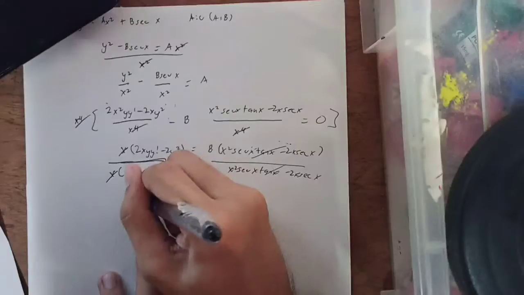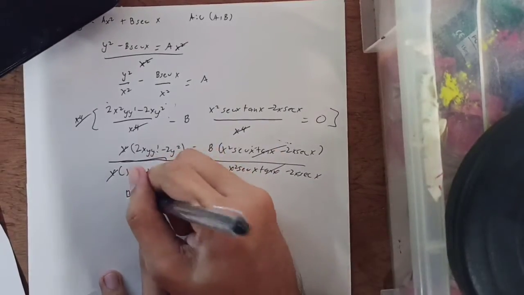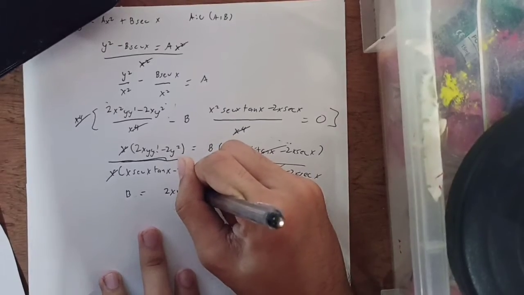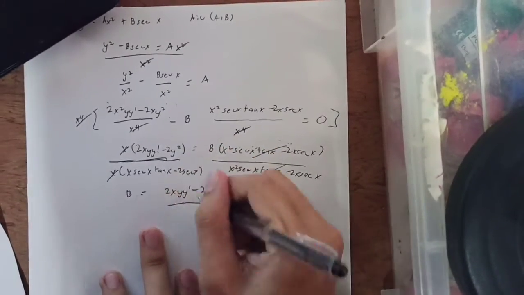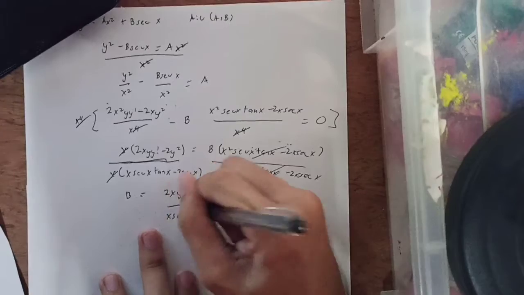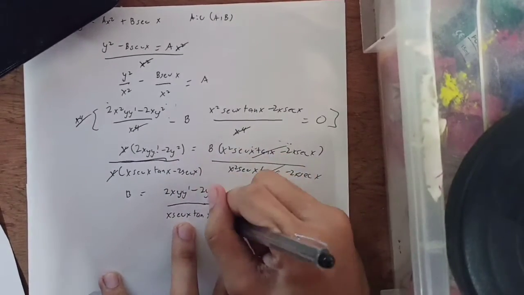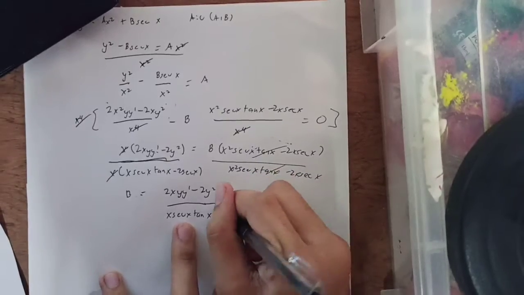So we have b is equal to 2xy prime minus 2y squared over x sec x tan x minus 2 sec x.